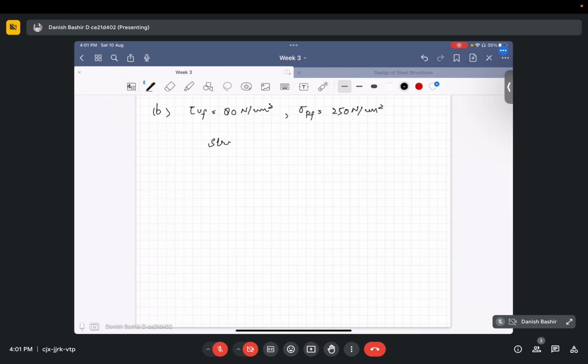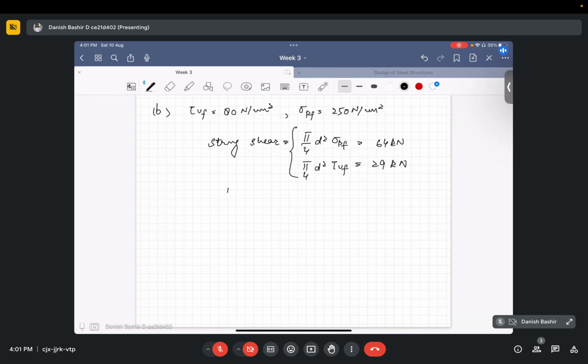So the strength in shear comes out to be pi by 4 d square tau vf, or in bearing d times t times sigma pf. The minimum of these two we will take as the rivet value. So this comes out to be 64 kilonewton, and this comes out to be 29 kilonewton.